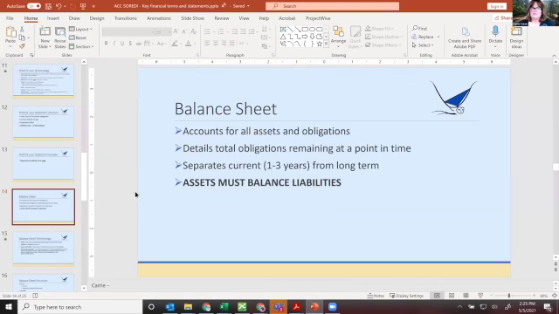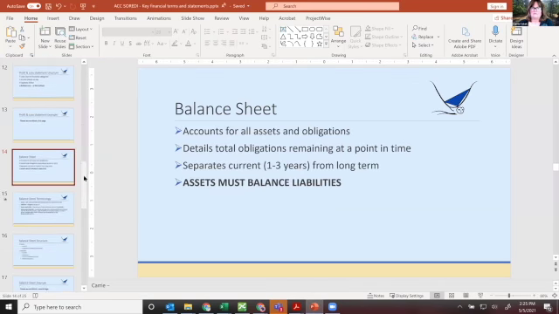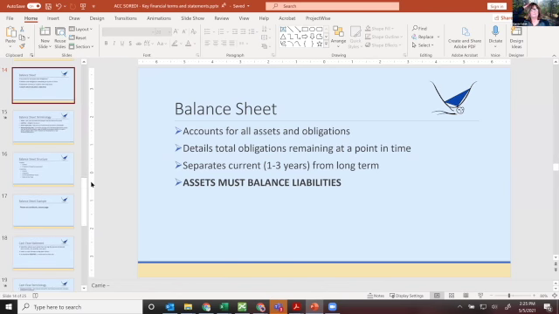The second sheet that we need to cover is the balance sheet. We've already talked about the fact that it accounts for all of those things you own and all of those things that you owe or are obligated to pay. The important part about the balance sheet is, unlike the profit and loss statement, which looks at your performance over a period of time, the balance sheet is really only as good as the day that you run it.